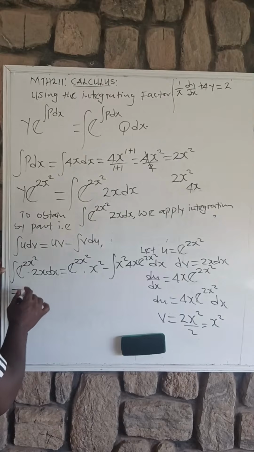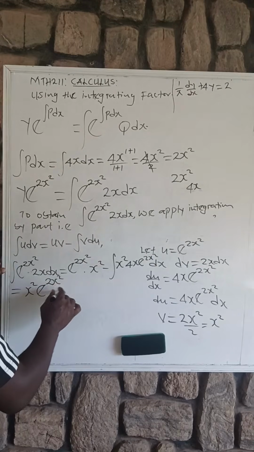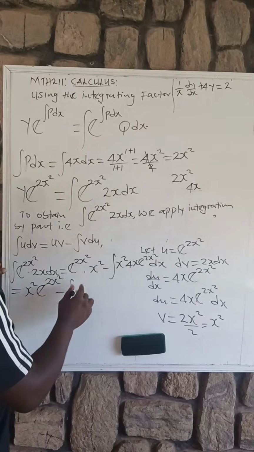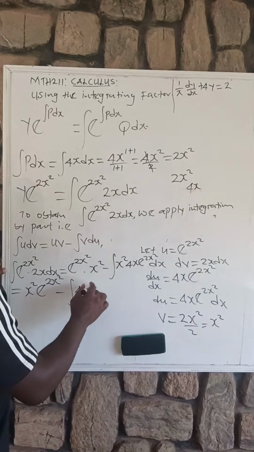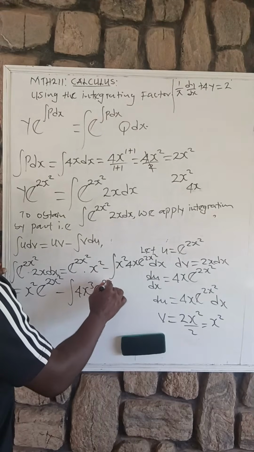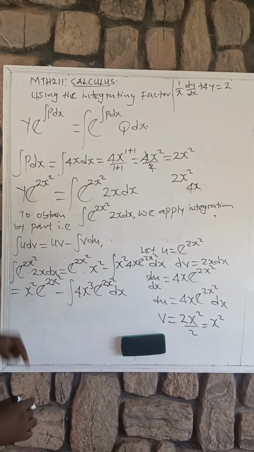So this will give us x squared exponential 2x squared minus the integral of, this times this, 4x cubed exponential 2x squared dx.